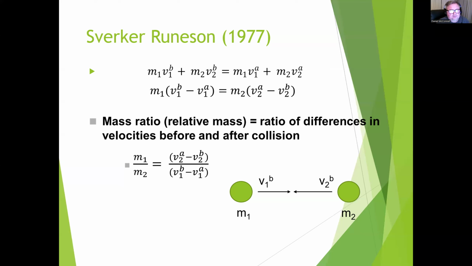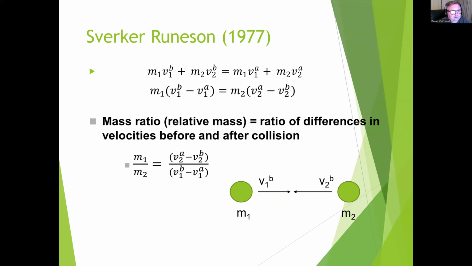And that's also equal to the velocity of object 2 after minus the velocity of object 2 before, all times its mass. And then we can do a little bit more algebraic rearrangement and divide both sides by the mass of object 2, as well as divide that out by the object 1 velocities. And so what we're going to end up with is this little set of ratios on the bottom.